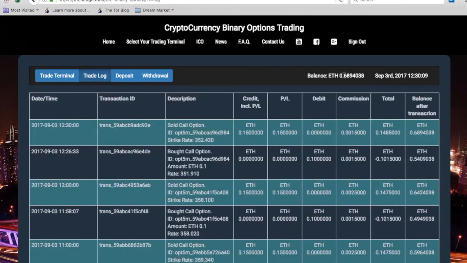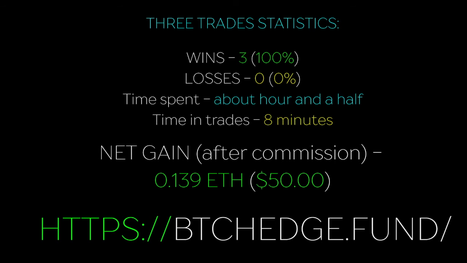And that happened. As you can see in our trade log, now we have almost 0.69 Ether versus our first balance of 0.55.